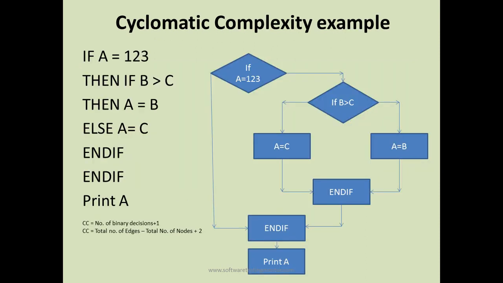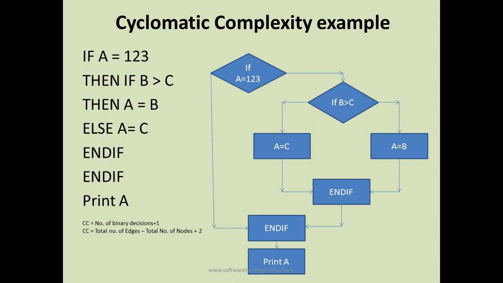So here's a simple piece of code and a flowchart for it. If A is equal to 1 to 3, then if B greater than C, then A is equal to B, else A is equal to C, and print A. For this same code, I have created a flowchart. With the first way, the simplest way is to count the number of decision statements.